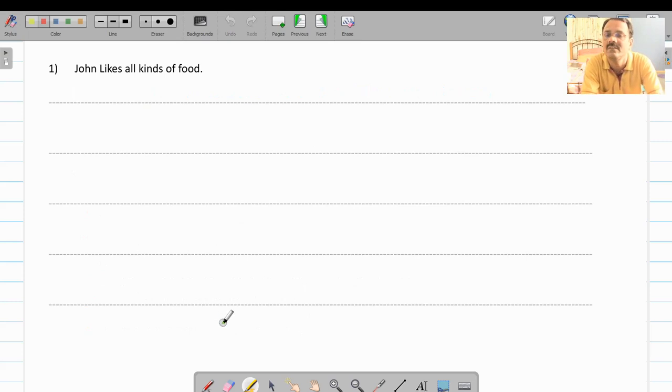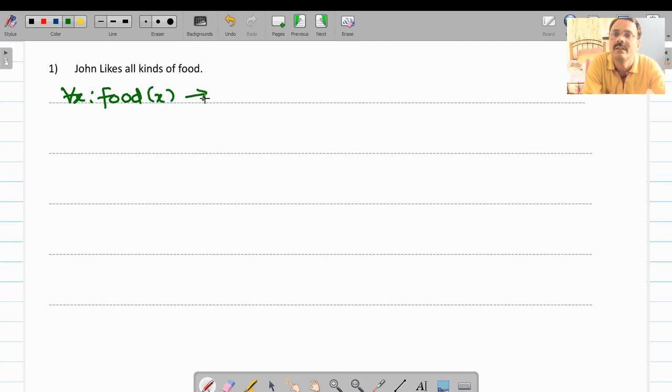First, we have to convert the given statement into predicate logic form. So, John likes all kinds of food. For all x, if x is food, then that implies John likes it. That's what this sentence means. If x is food, then John likes x.